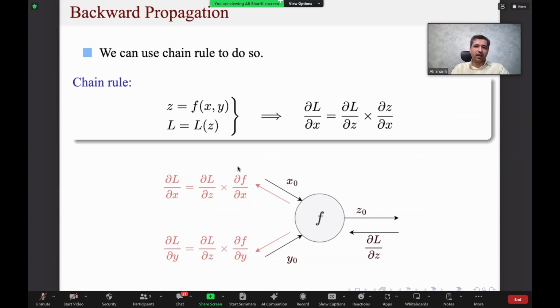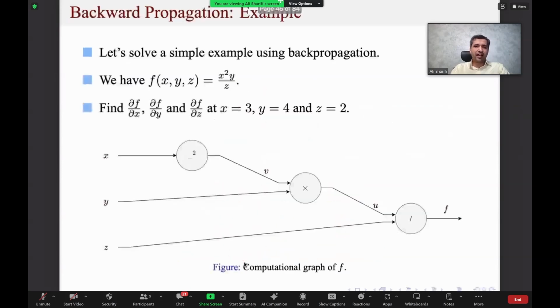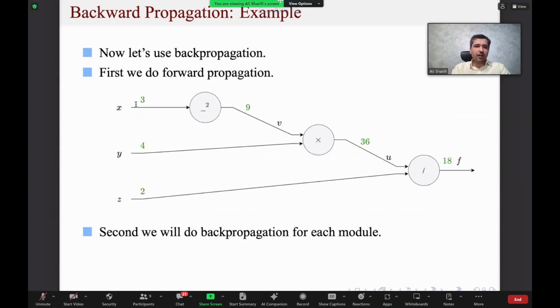So it gives us del L to del X. The same can be done for del L to del Y, which is del L to del Z times del F to del Y. Based on this activation function, we already know del F to del Y. And in a forward pass, for example, 3 to the power of 2 is 9, and 9 multiplied by 4 is 36, and 36 divided by 2 is 18.